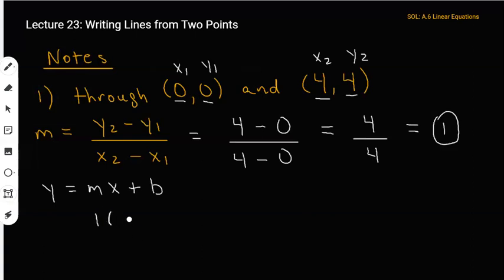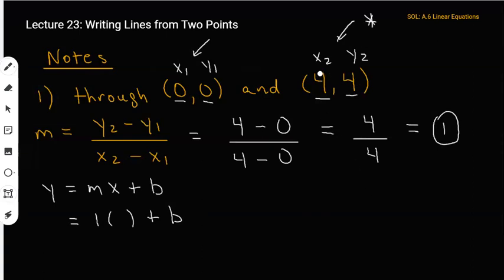I need an x value and a y value. So what's my x value? We can use this point or this point. Doesn't matter which one we choose. I'm going to choose this one.